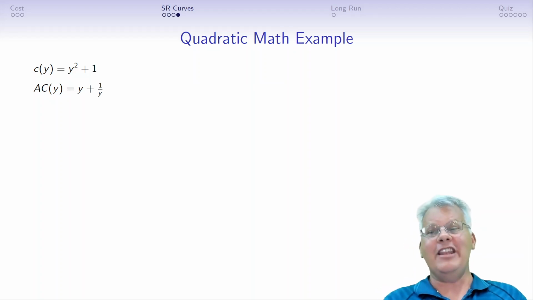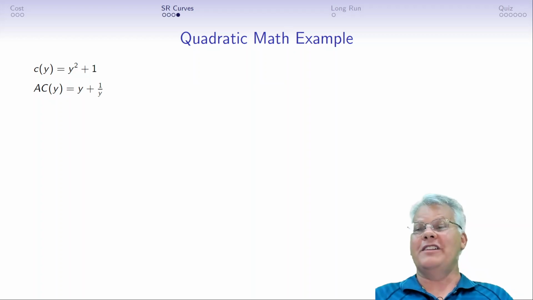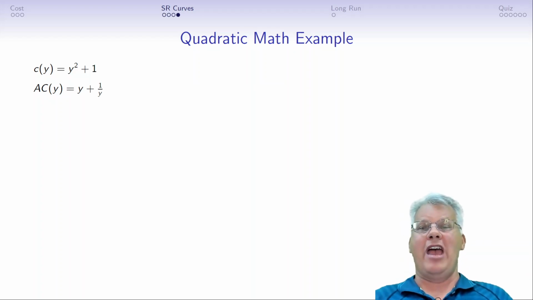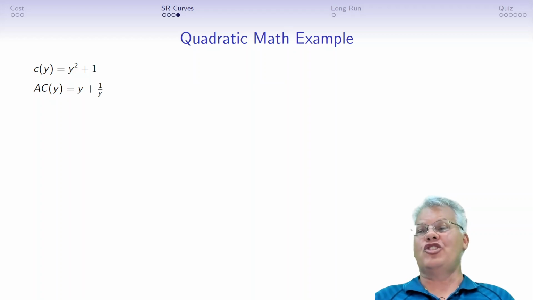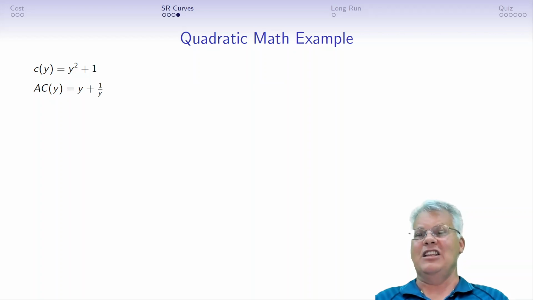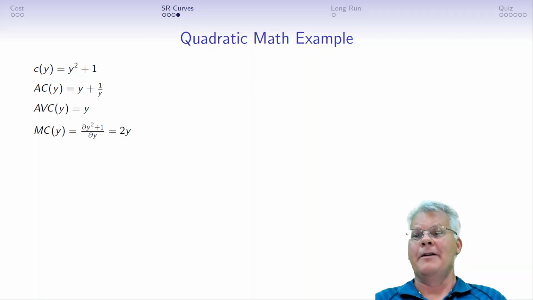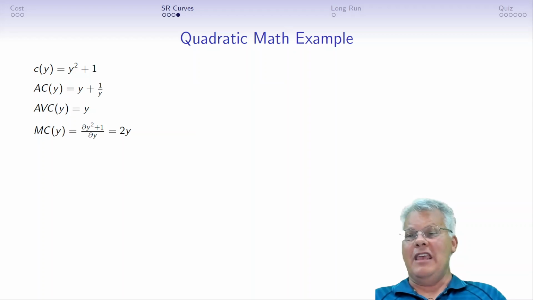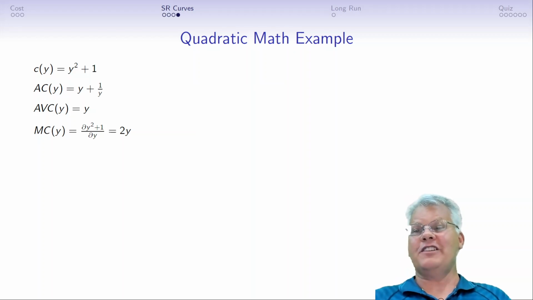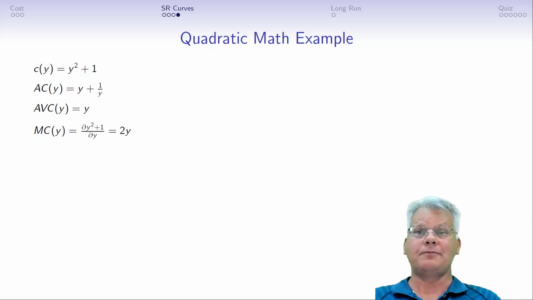Now, we're missing the linear term, but that's okay. All that's necessary to make this work in the simplest way possible is that cost has to have a quadratic term. So if that's true, I can divide both sides by output and get average cost is equal to y plus 1 over y. I know that the variable component of that, average variable cost, would be y. Average fixed cost would be 1 over y.